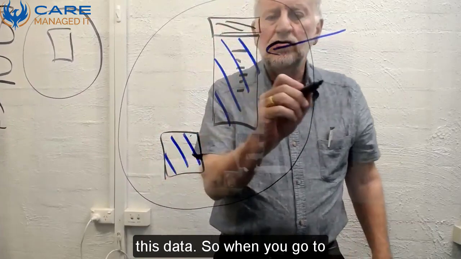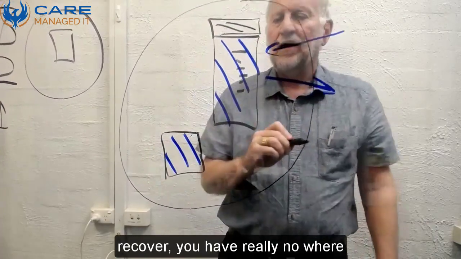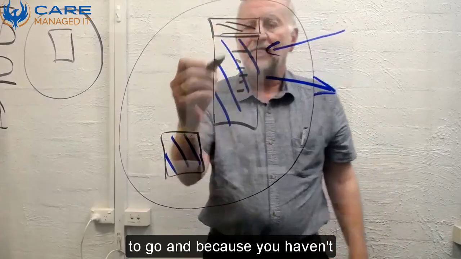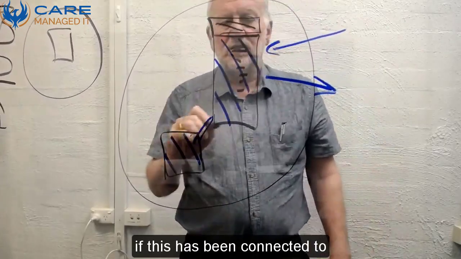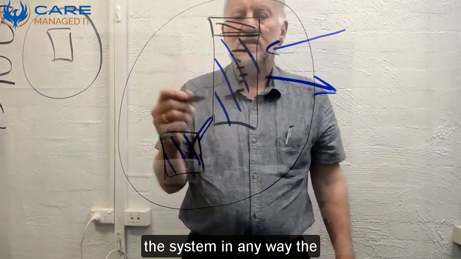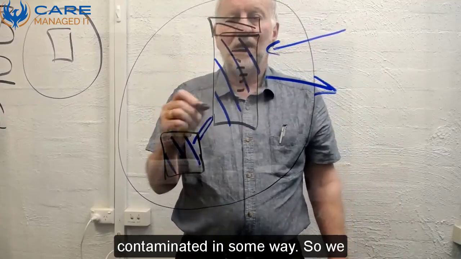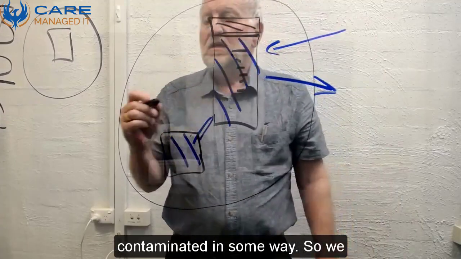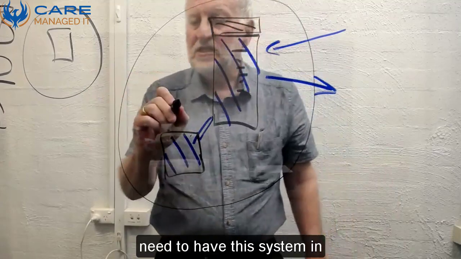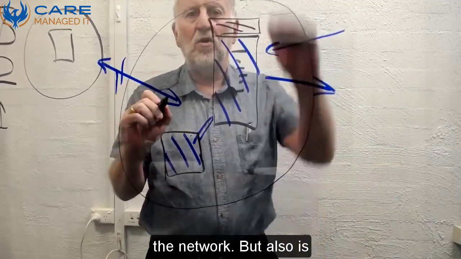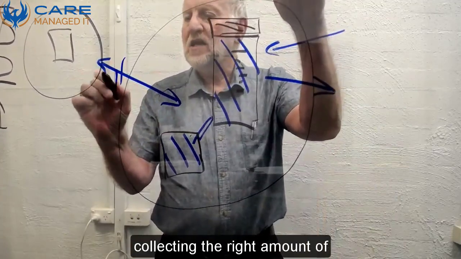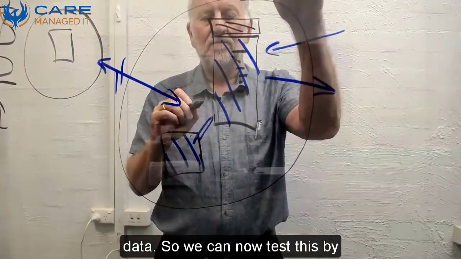So when you go to recover, you have really nowhere to go because you haven't got access to your backup. And if this has been connected to the system in any way, the chances are the cryptovirus has contaminated it in some way. So we need to have this system in place that is disconnected from the network, but also is collecting the right amount of data.